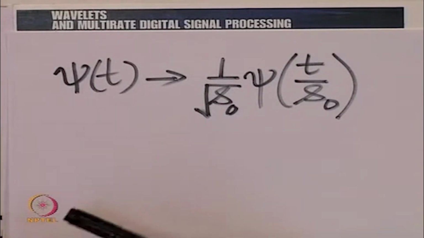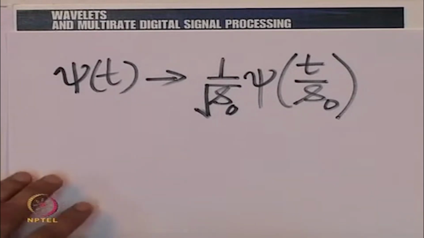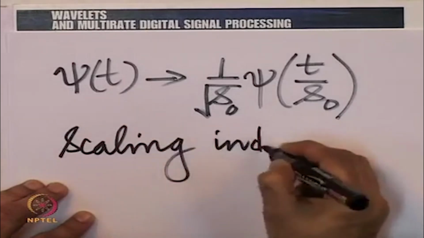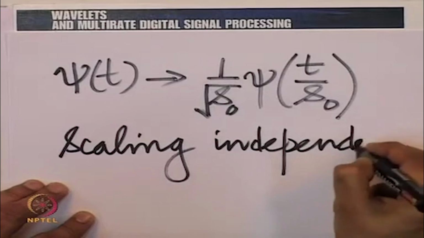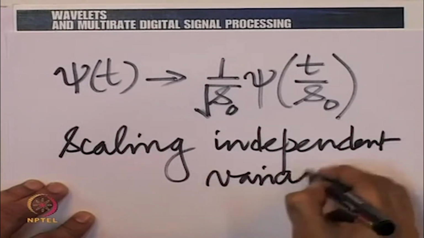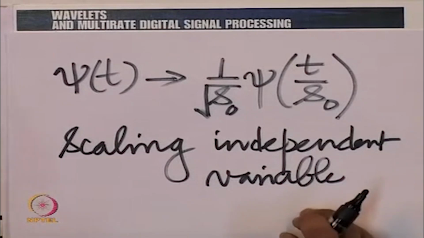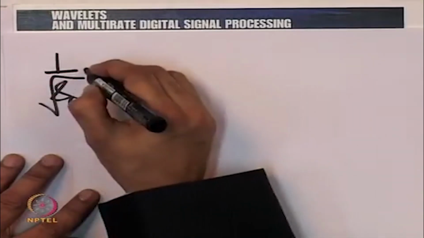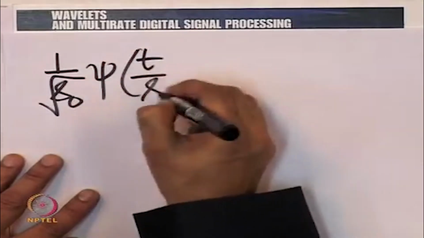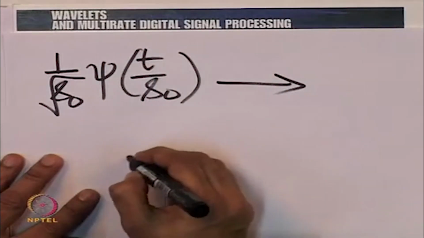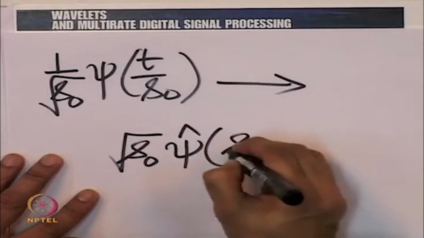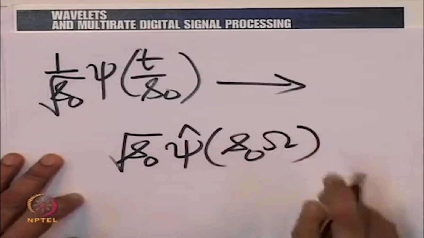So, we make use of that property first. So, it is very easy to see that the Fourier transform of 1 by S naught to the power half psi of t by S naught becomes S naught to the power of half psi cap of S naught omega.